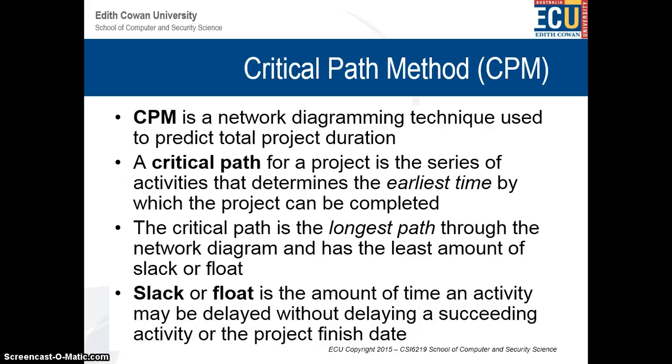Now moving on. The critical path is the longest path through the network diagram and has the least amount of slack or float. Okay. Now, cool things. Just now we said earliest time. Longest path shouldn't scare you, because it just did to me.